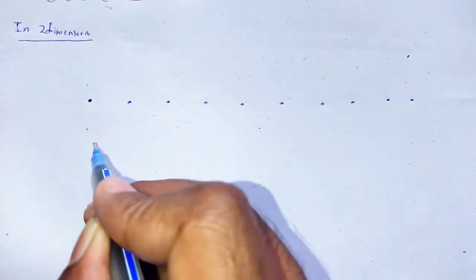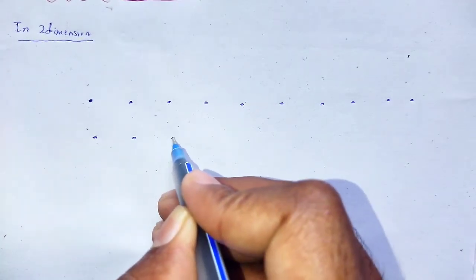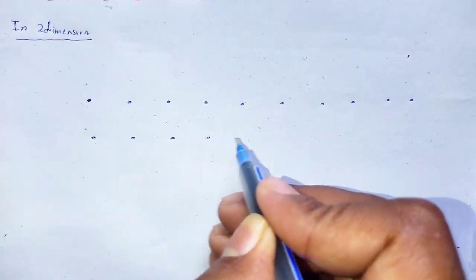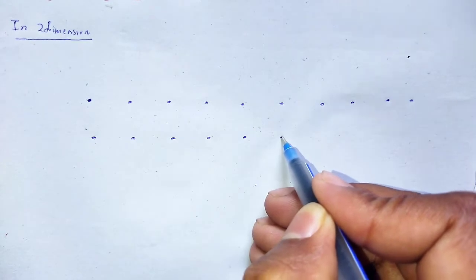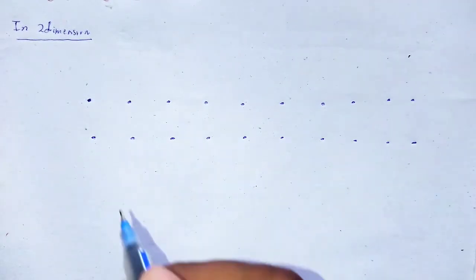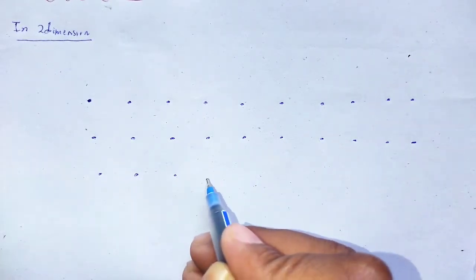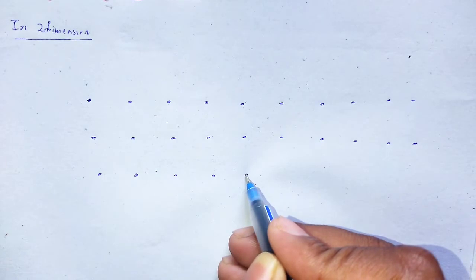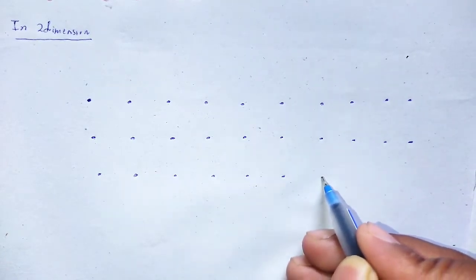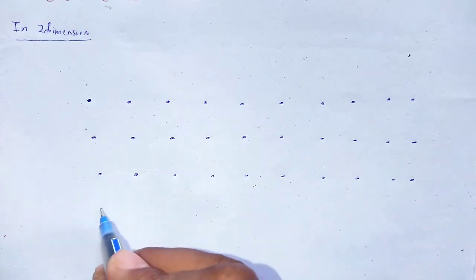In direct lattice, points are the infinite array of points in space having same surroundings, but same lattice points we assume as the reciprocal lattice points.